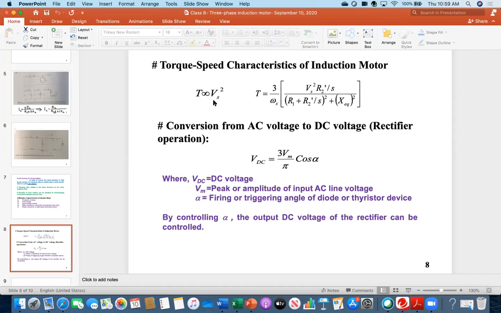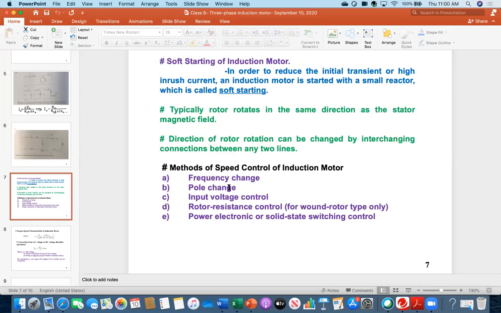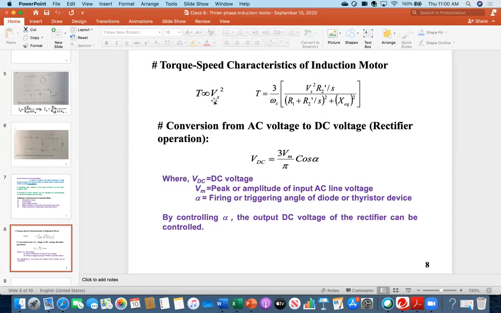So this relationship states that if you can control Vs, definitely your torque and speed will be controlled. So that's why when I mentioned input voltage control, number E, power electronics based control, the goal is to control this, following this equation.